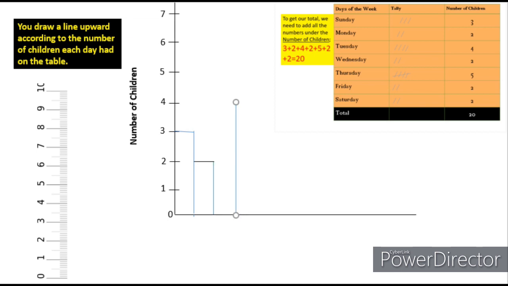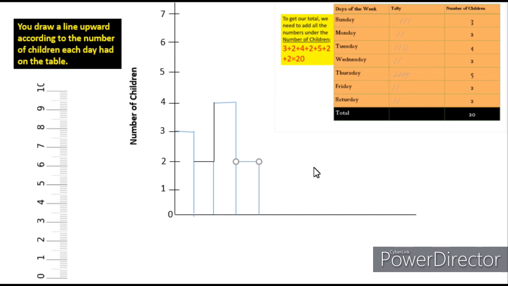Then I draw another one to cross it. I have to make sure first. Then I cross it. So that is for Tuesday. Then I go to Wednesday. Wednesday is also 2. So it means I am drawing 2. Then I draw another one to cross it.